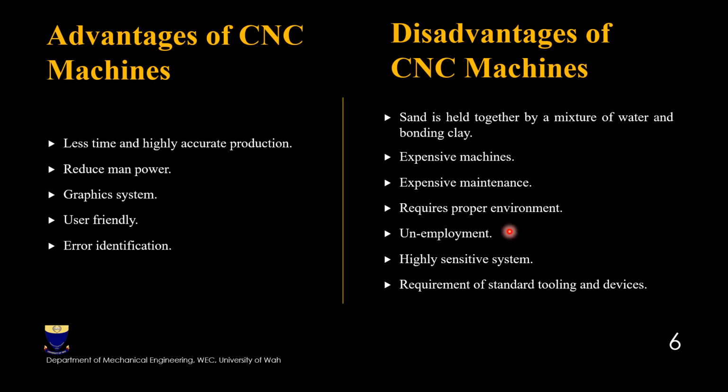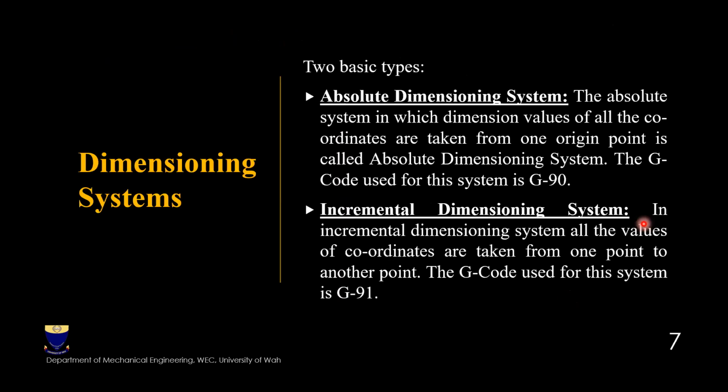So that is why it creates unemployment as well. And you require a skillful worker as well. Highly sensitive system, a requirement of standard tooling and devices in this kind of machines. While in a manual system, you can underestimate the standard tooling and devices, as well as a worker is required for each and every machine as well.